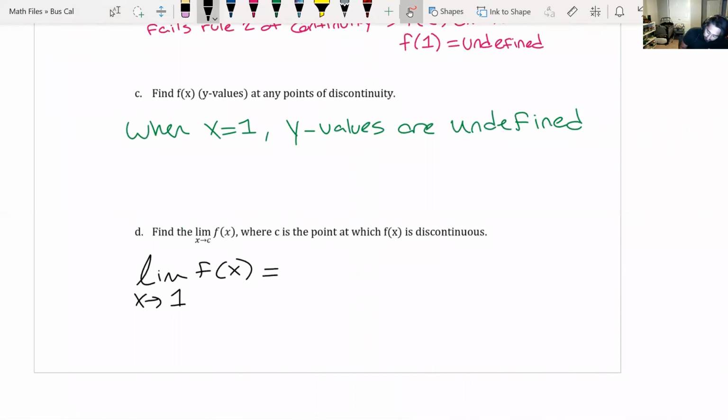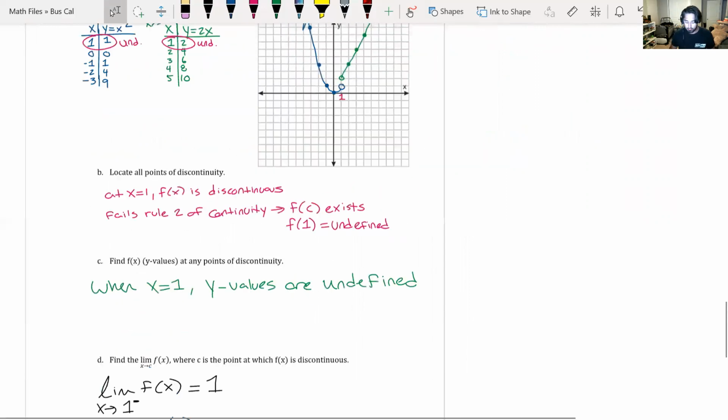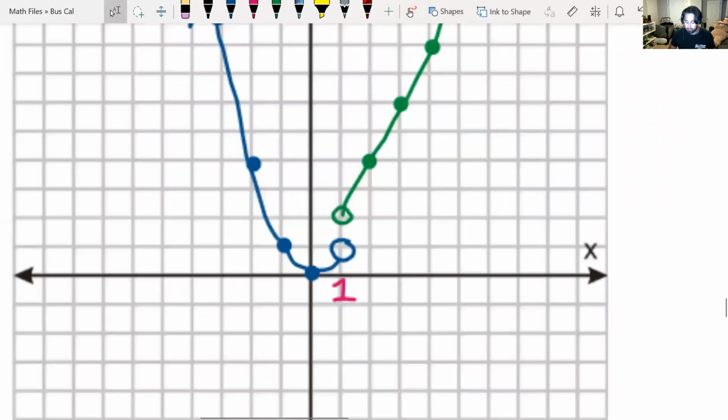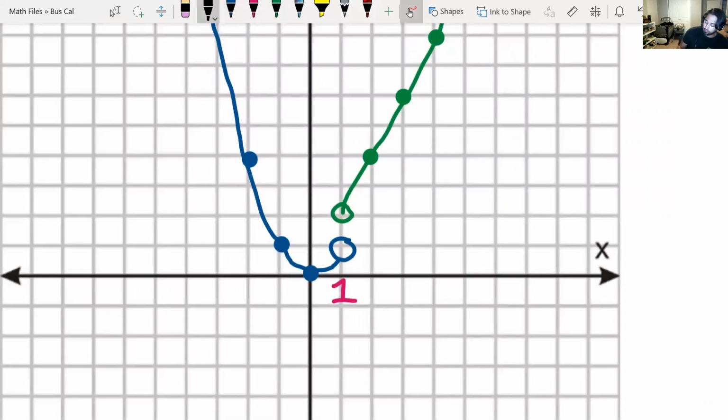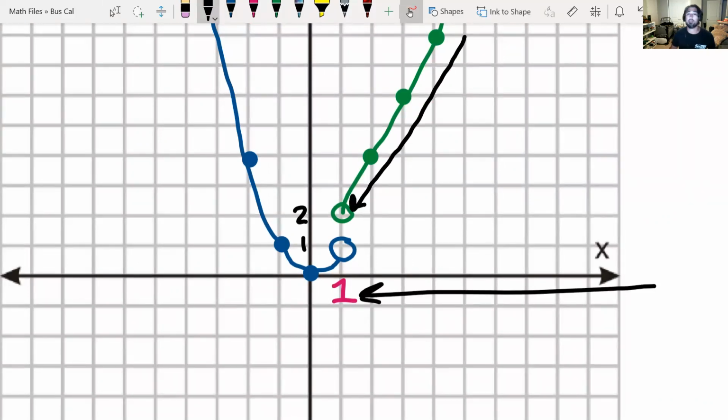And then let's look at the limit from the right at 1. So then, do it again. As you approach 1 from the right, you see that your y values get closer and closer and closer to 2. So the limit from the right is 2.